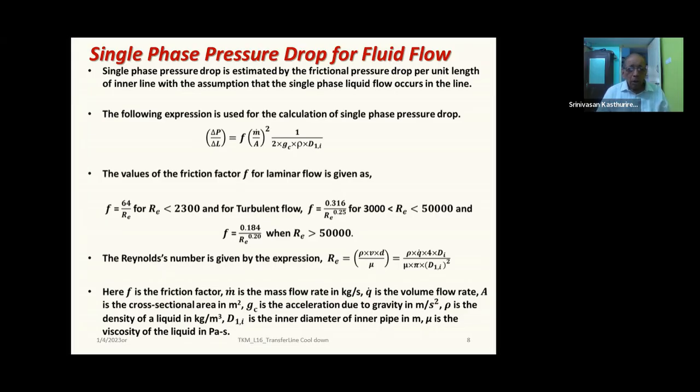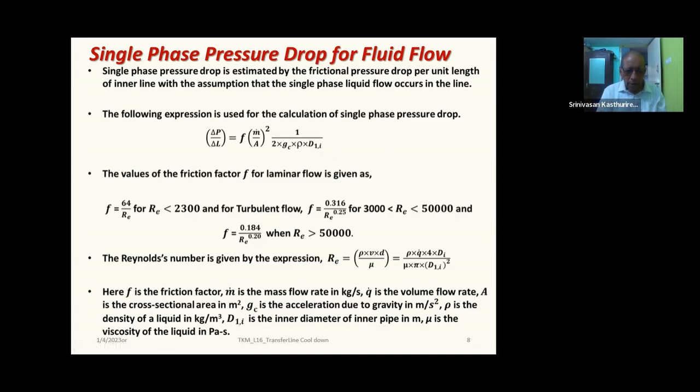Now, the following expression is to be used for calculation of single phase pressure drop. It is given by delta P by delta L. Delta P is the pressure difference over a distance delta L. You can call it the pressure drop per unit length. This value is equal to F, multiplied by (m dot by A) whole square, into 1 by, in the denominator, 2 gc rho d_i.